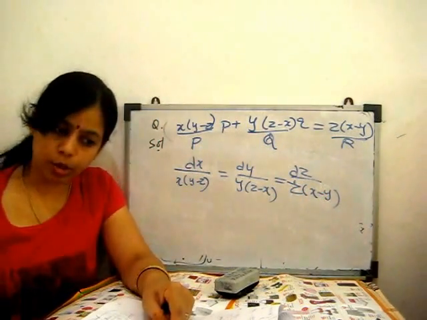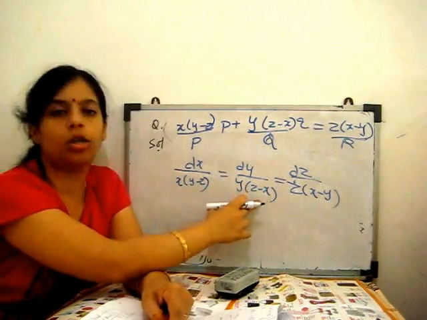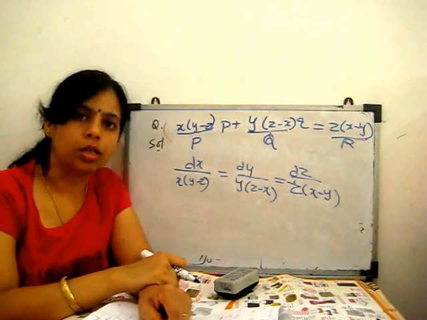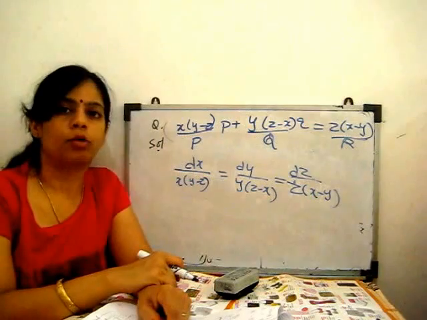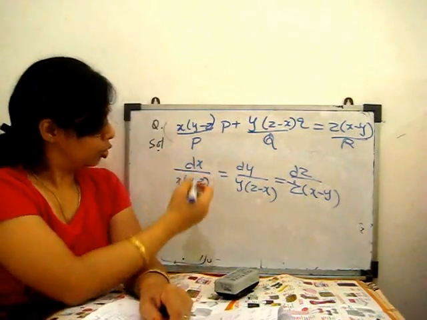First we have to make the ratio. After that we can see all three derivatives here, but we can't integrate directly using any two. So for this we can use the method of multiplier. We have to find the values of l, m, n.